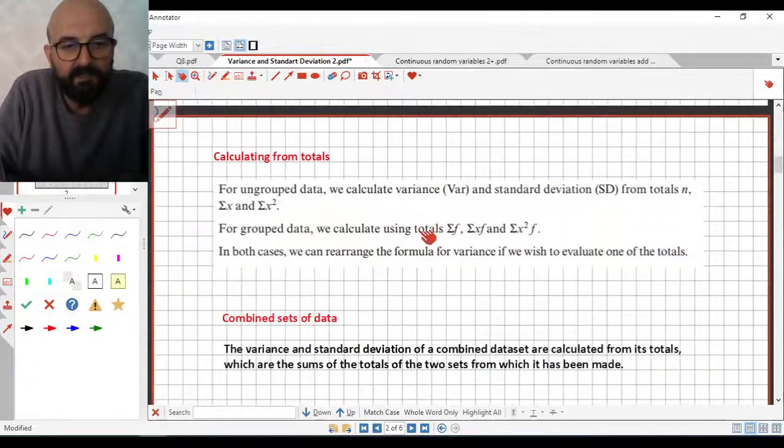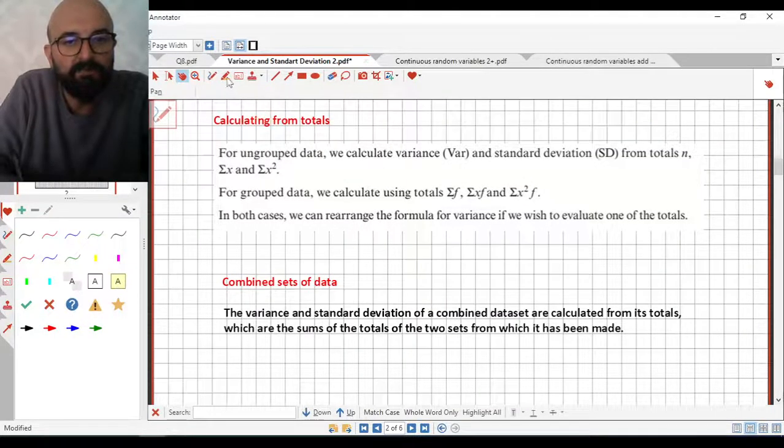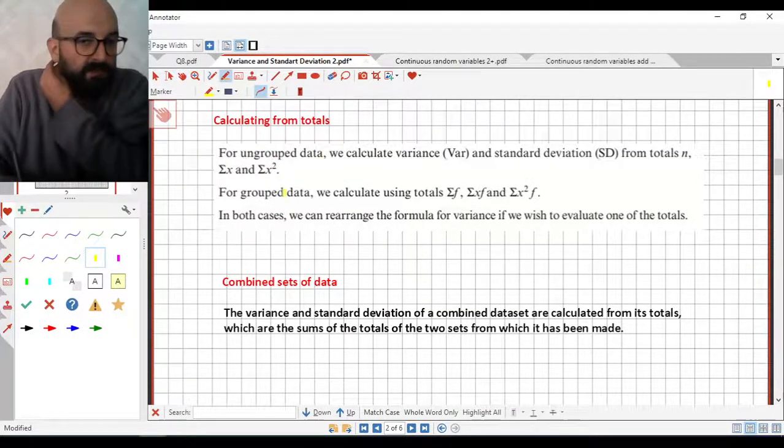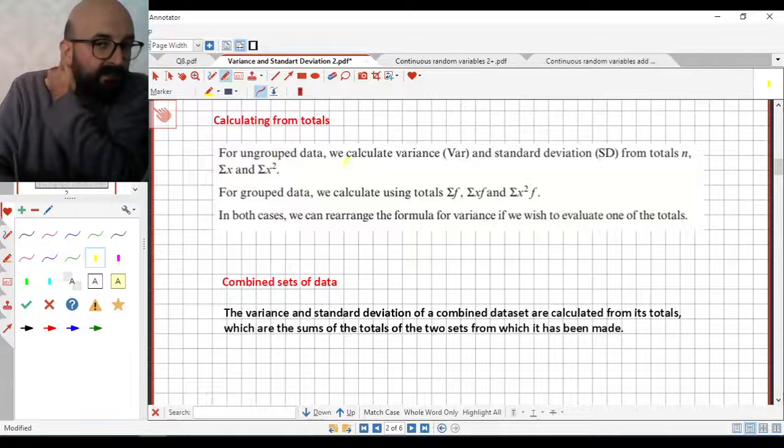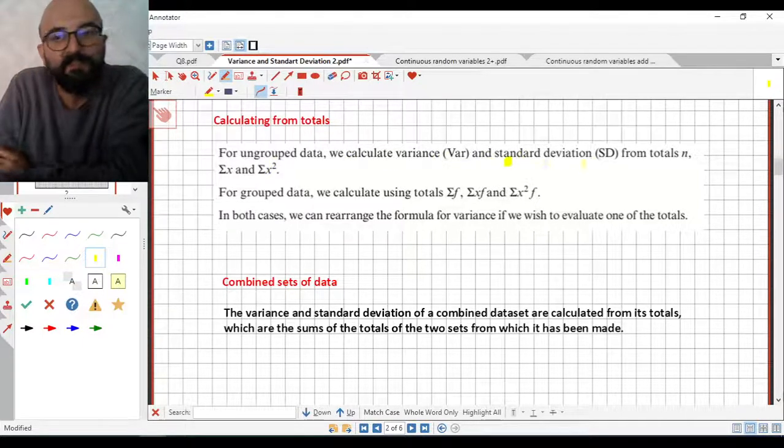And the other section is calculating from totals. For ungrouped data, we calculate variance and standard deviation from totals, the sum of x and the sum of x square. For grouped data, we calculate using totals: the sum of frequency, the sum of x multiply frequency, and the sum of x square multiply frequency.